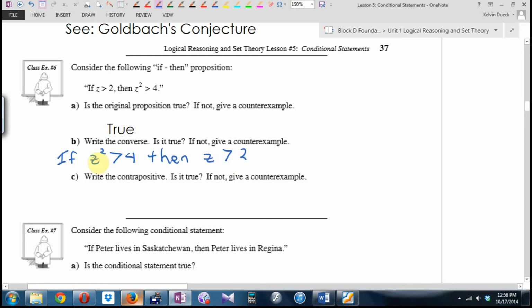And this is why I put a line through my z's so you can tell that they're not 2's, because my writing is so atrocious. Is that true? Okay. Suppose I square a number and I get 4 as an answer. Does that automatically mean that the number I started with is bigger than 2?